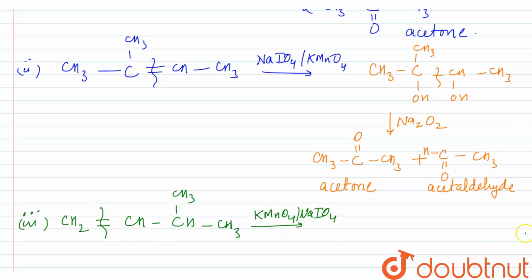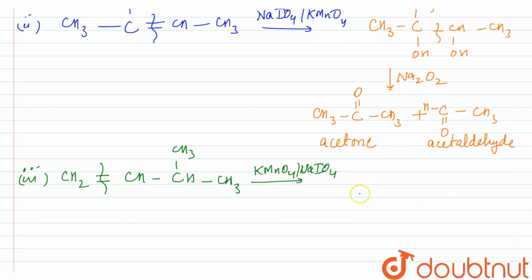Again, this bond will break and the cis-diol compound will be CH2OH, CHOH, here CH, and this will be CH3, again CH3.